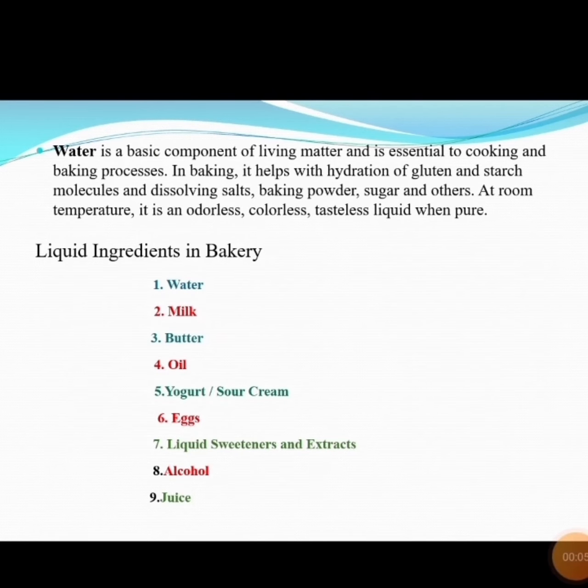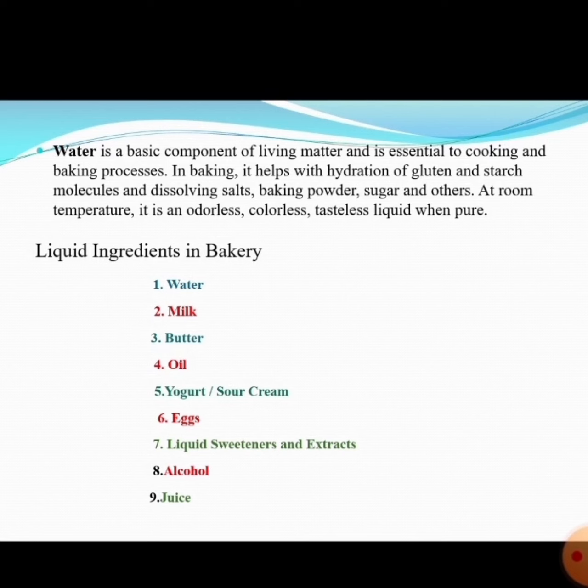Water is a basic compound of living matter and is essential to cooking and baking. In baking, it helps with hydration of gluten and starch molecules and dissolves the salt, baking powder, sugar and others. At room temperature, it is an odorless, colorless, tasteless liquid.